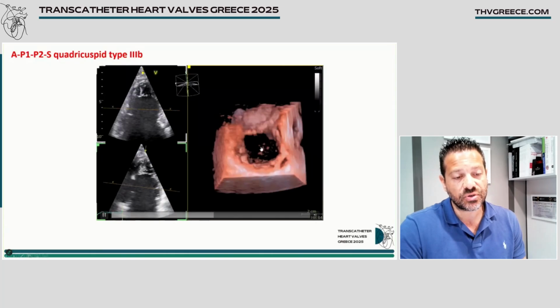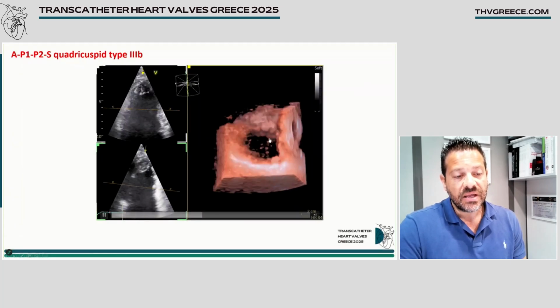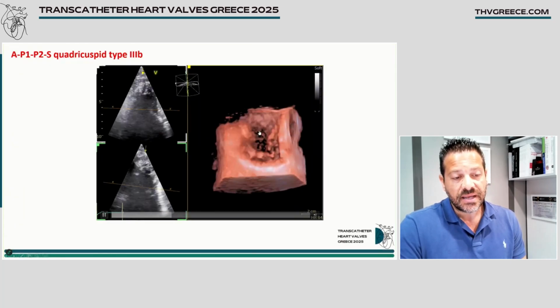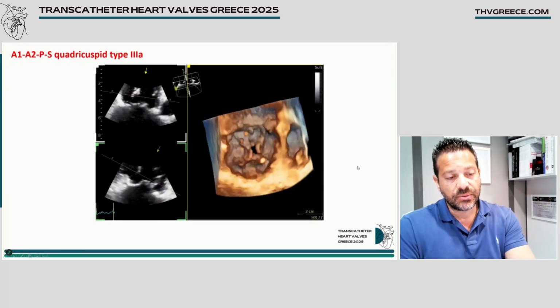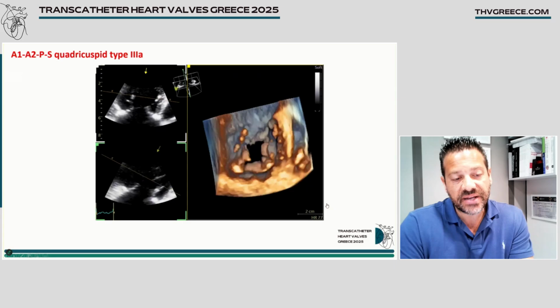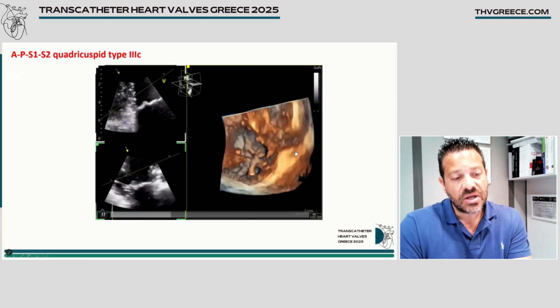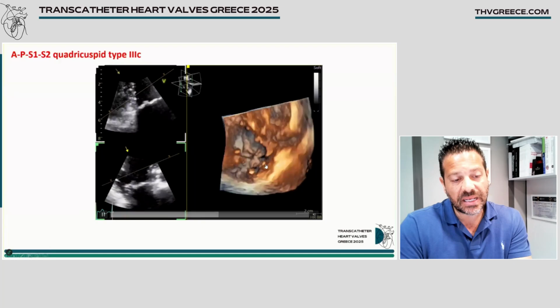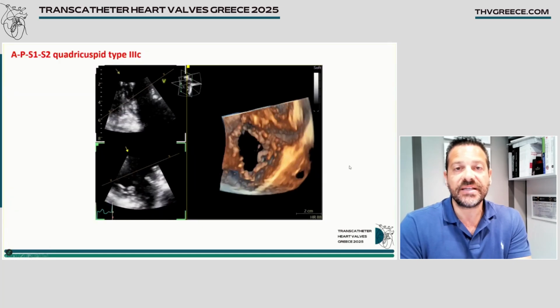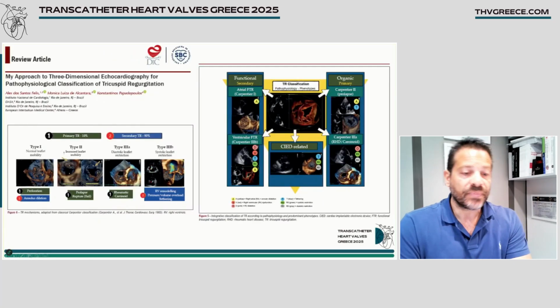Here you can see a huge gap of this valve with 4 leaflets: anterior, septal, posterior 1, posterior 2. And with 3D echo, we can recognize other variations like this one with A1 and A2 leaflets, or this patient with septal 1 and septal 2. It's very easy with 3D transthoracic echo.